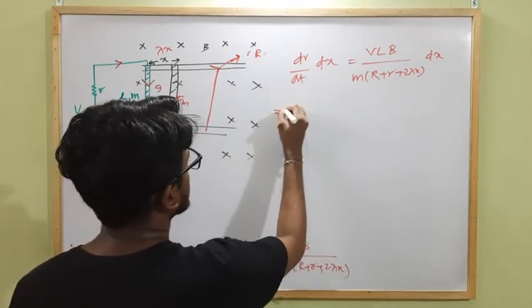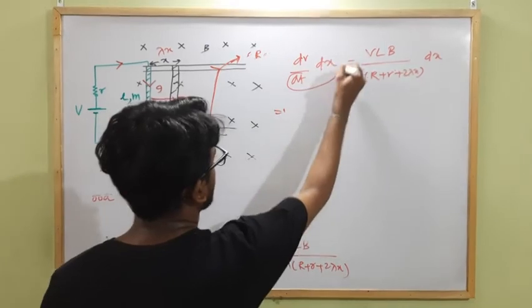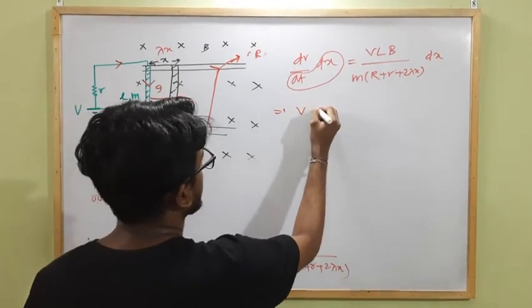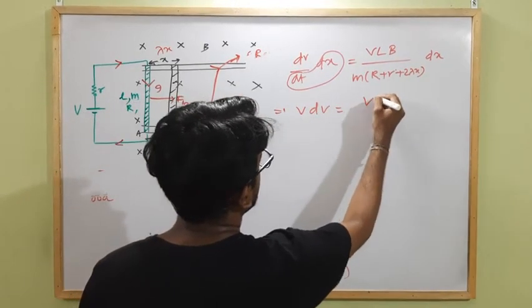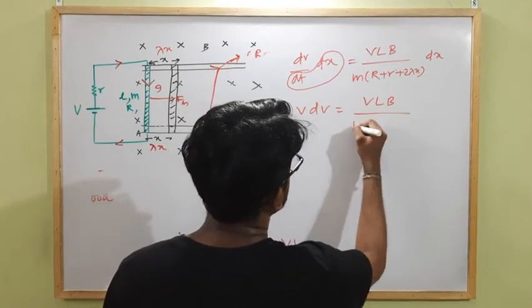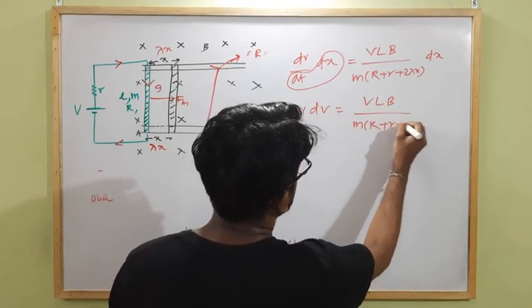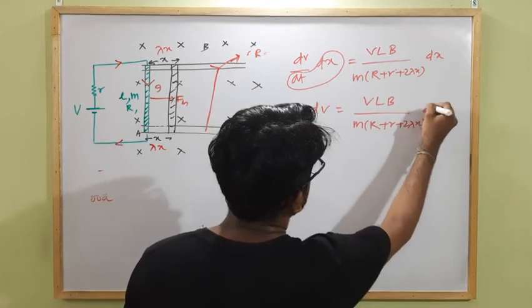So rearranging this, dx by dt, this much will be how much? V into dv equal to VLB divided by M into R plus 2 lambda x dx.